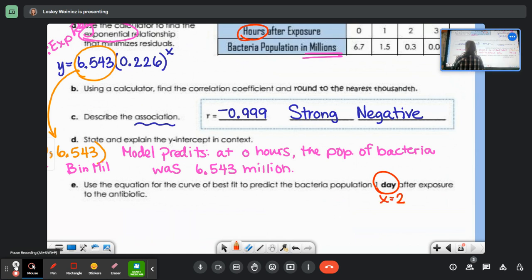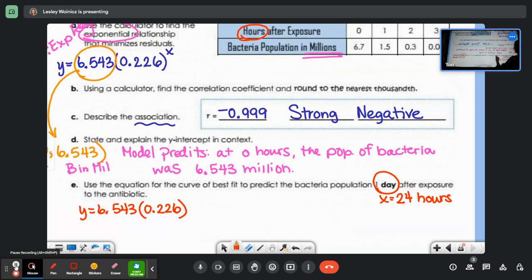So the X is 24 hours. So this is going to be a massive number. Okay, so y equals 6.543 times 0.226 to the 24th power. That's what we have to put in the calculator.